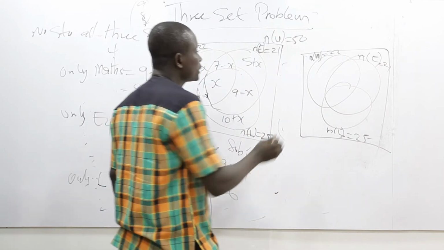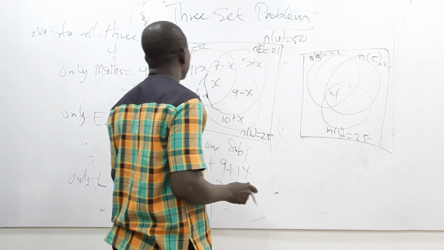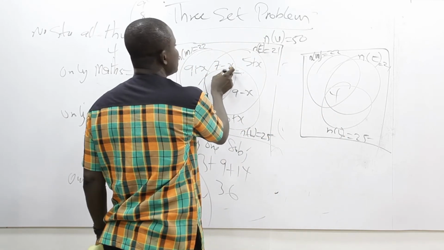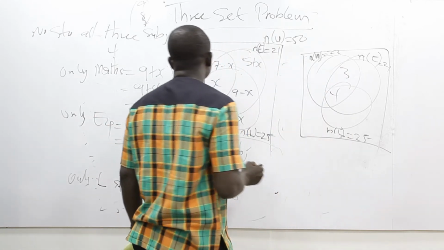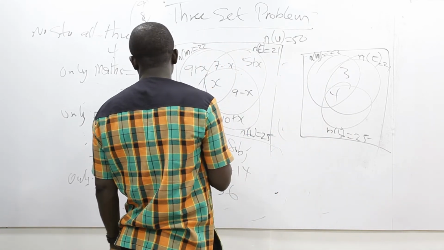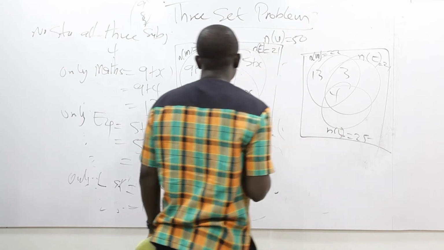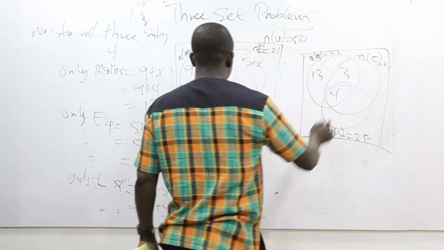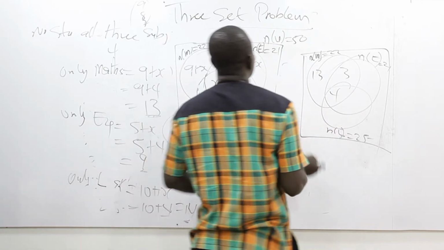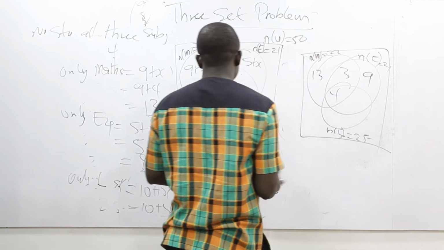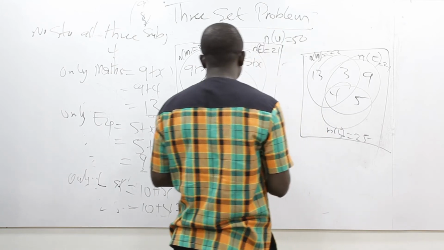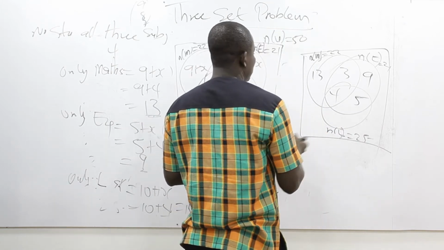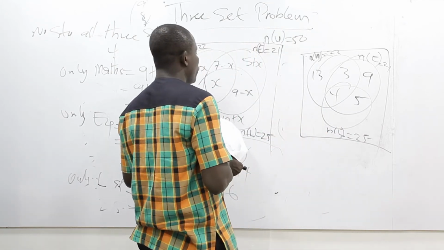Then they will straightforward come and write here 4. Then here, per their calculation, they subtracted the 4, so here is 3. Here was 13. And then this side is 5 plus 4 is equal to 9. Then here, in between, 9 minus 4 is equal to 5. Then here, you say 10 plus 4 is equal to 14.